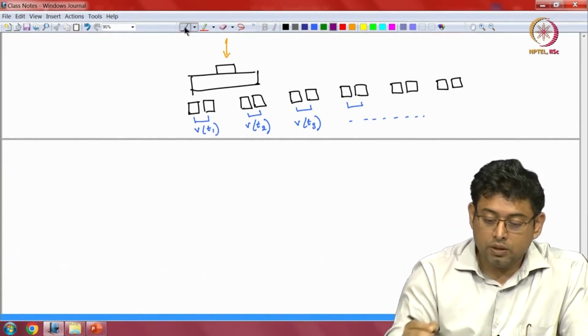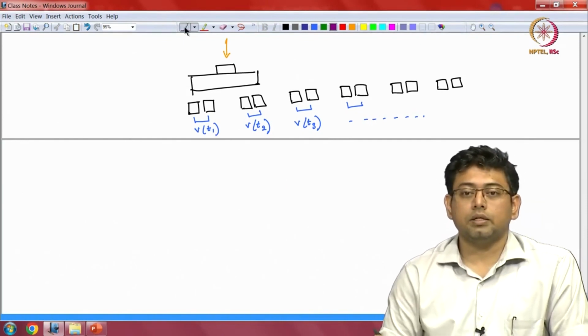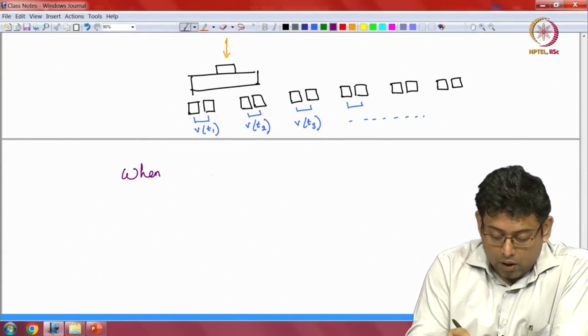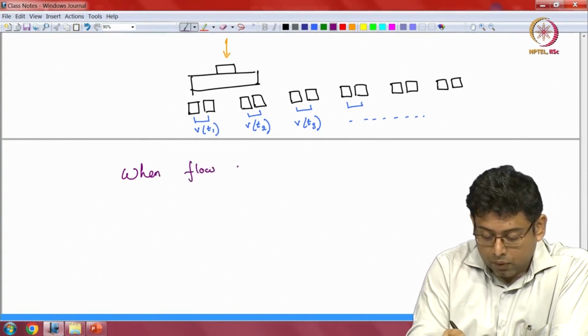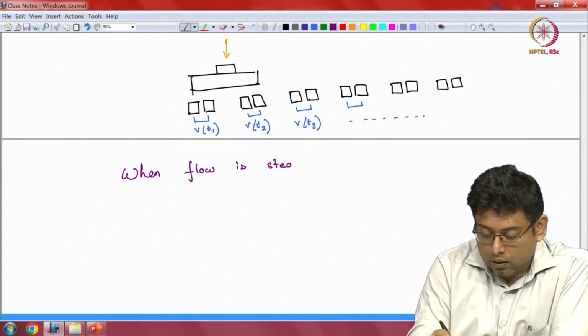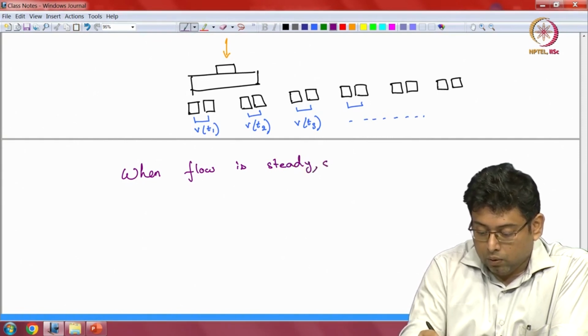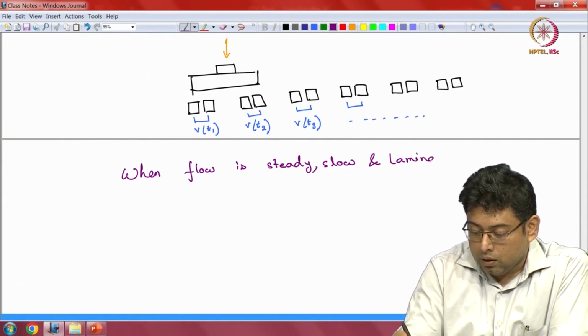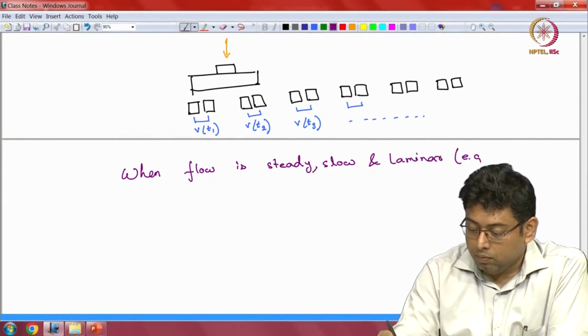Now, one special case I want to discuss is what happens when the flow is steady, slow, and laminar. Example, microscale flows.